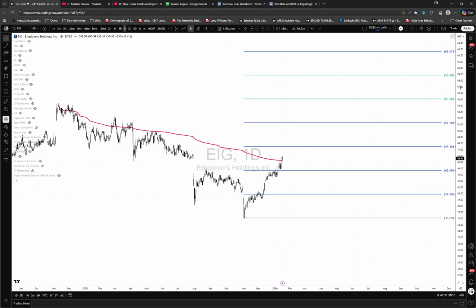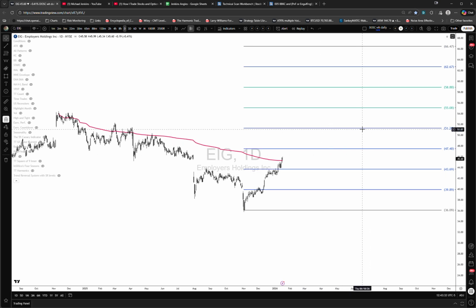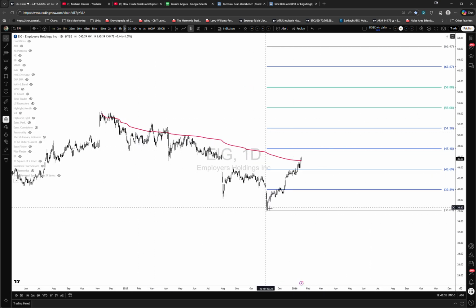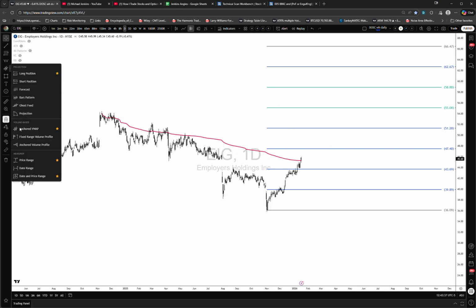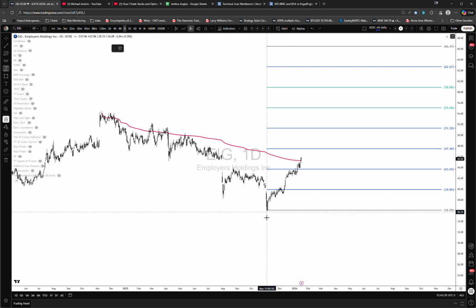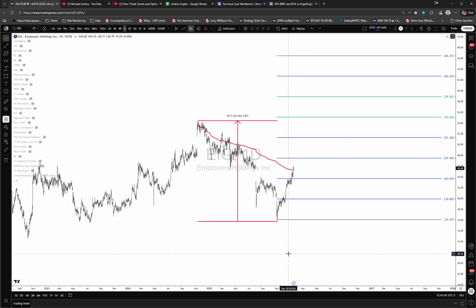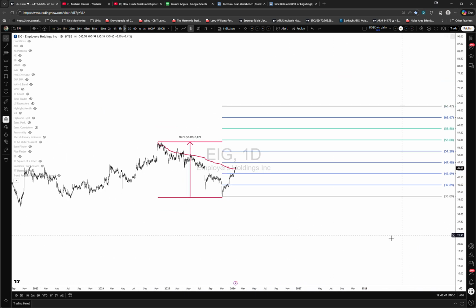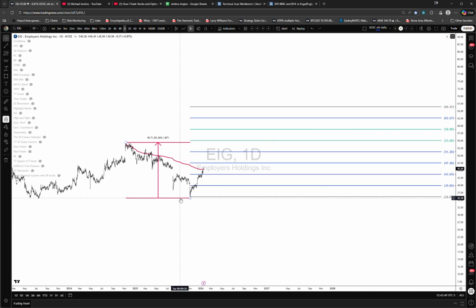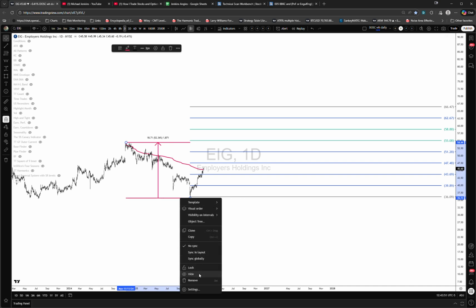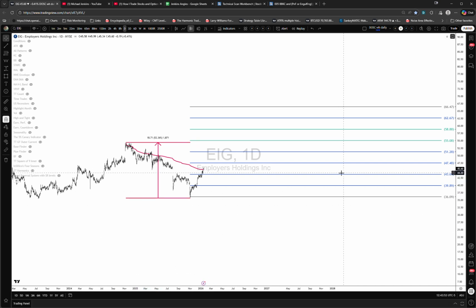So this looks like it's probably going to be a pretty decent range. If I was to forecast this with the traditional method, I might take the height of the base and apply that.